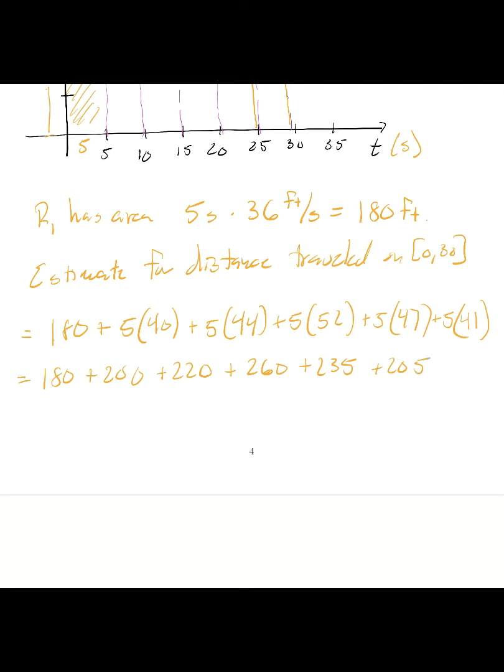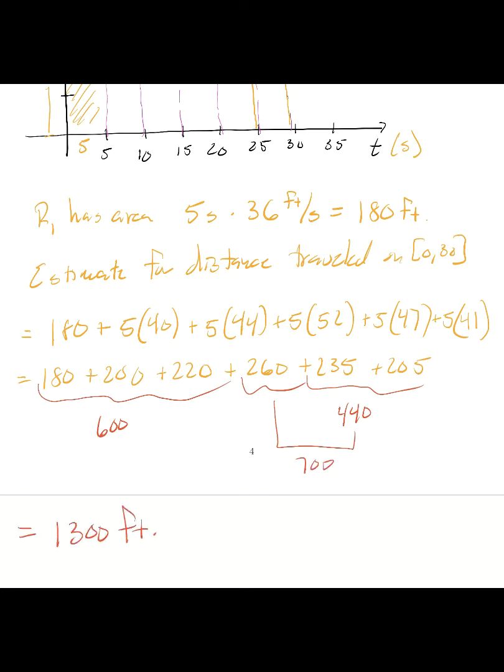Okay, let's see. Can we add all of these things together? I think we can do it. These three add to 600. These two add to 440. Add this one in with this one gives us 700. So it looks like 1,300 feet is our estimate.